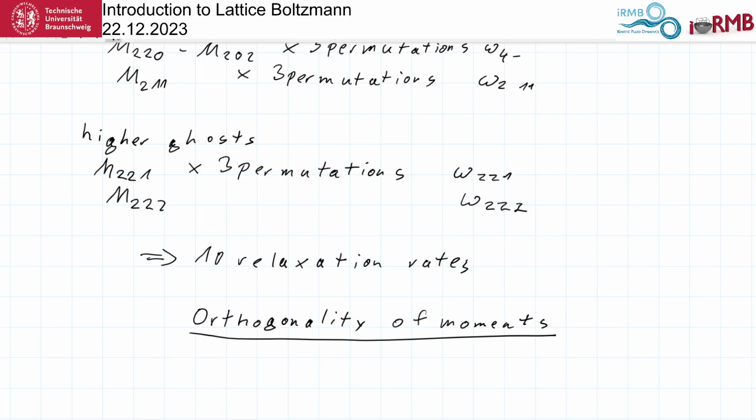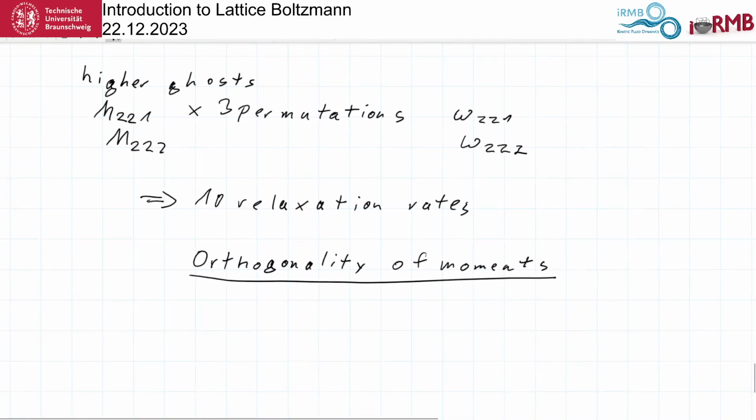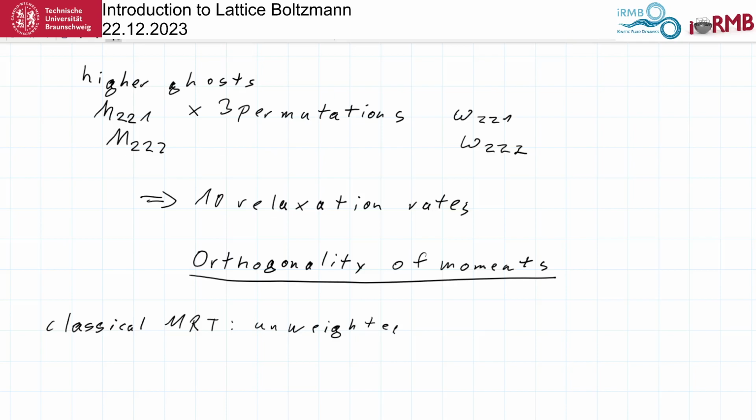And this is in particular the point where the original MRT method, what we call the classical MRT method, got terribly wrong. So the classical MRT uses an orthogonalization that we now call, they didn't call it that way, but now we call this unweighted orthogonality.